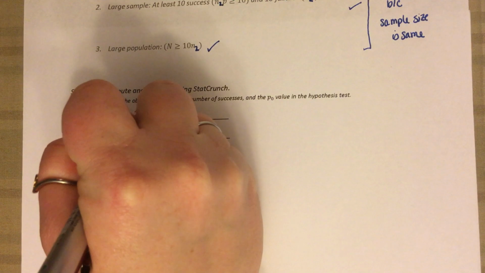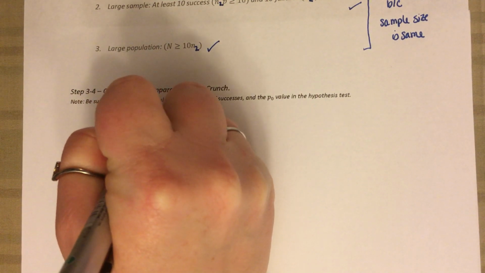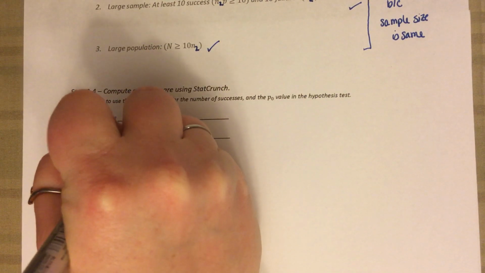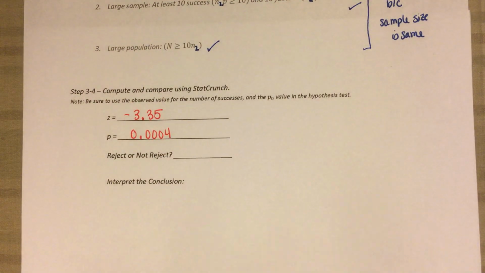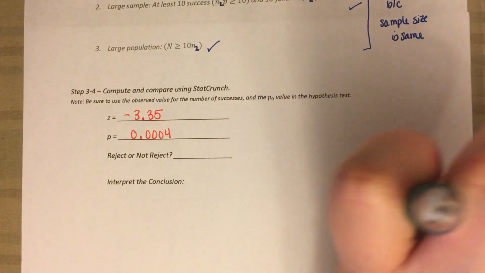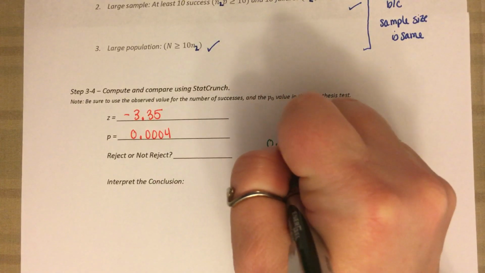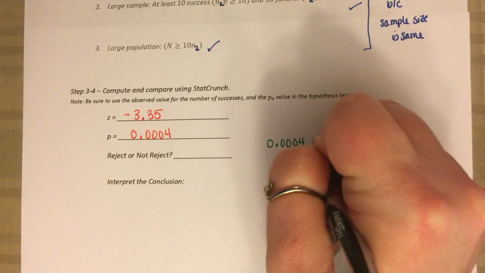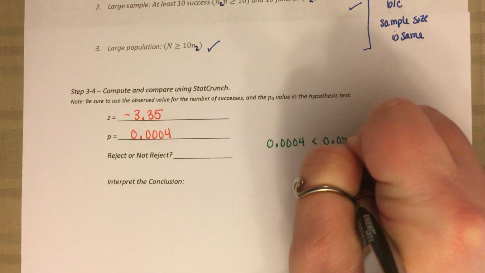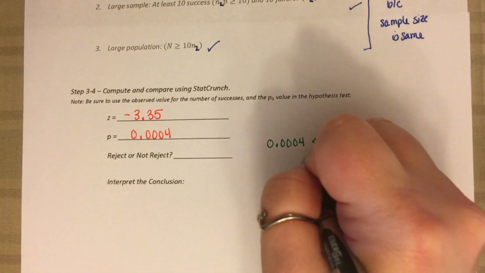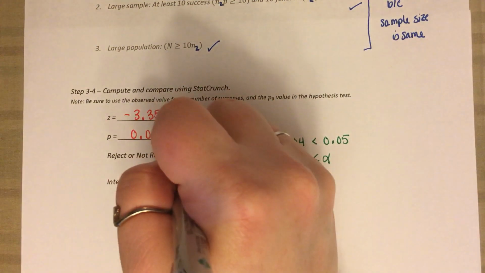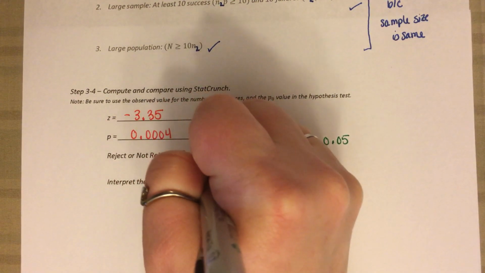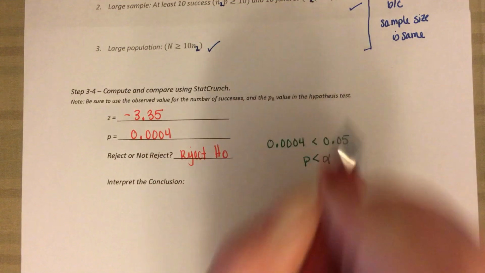After we hit compute, we get z equals negative 3.35, p equals 0.004. So then we're going to compare p to alpha. 0.004 is less than 5%. So since p is less than alpha, that's going to tell us that we are going to reject our null hypothesis.